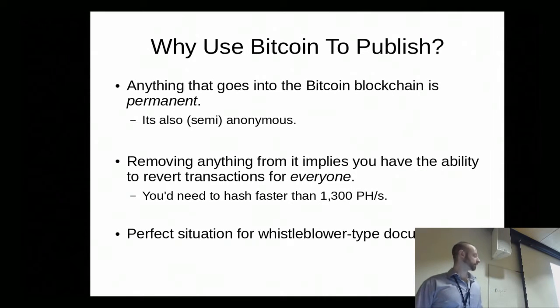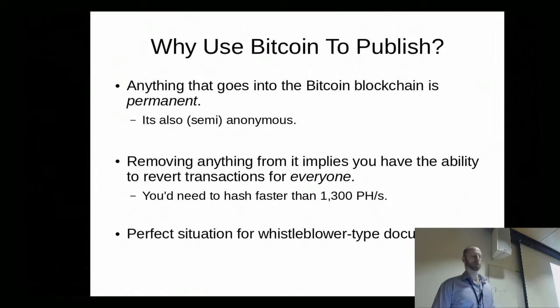To remove anything, I said before it's permanent. Technically speaking, you could, in theory, remove something from the transaction log, but it would require ridiculous amounts of computing power. You'd need about 1,300 petahash per second, or something around there.